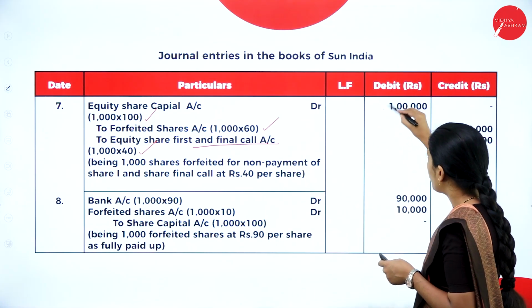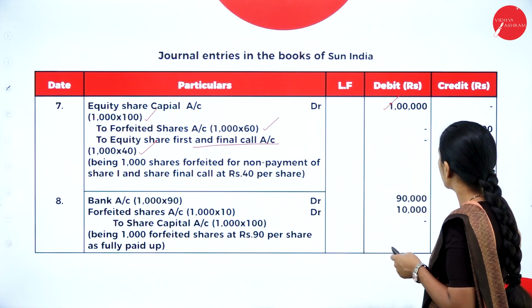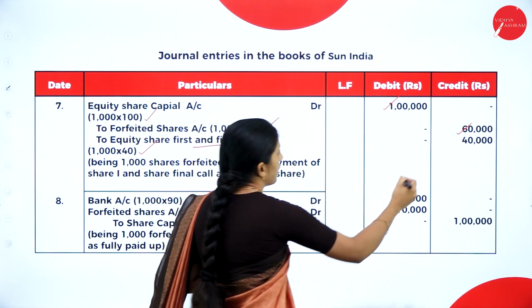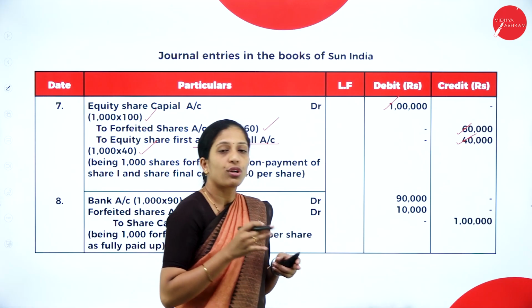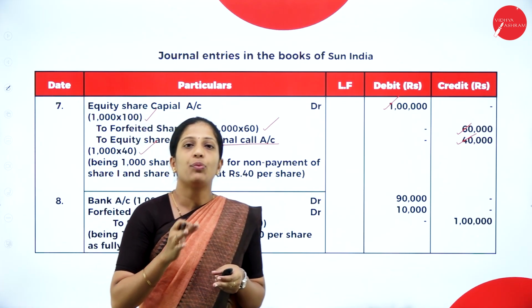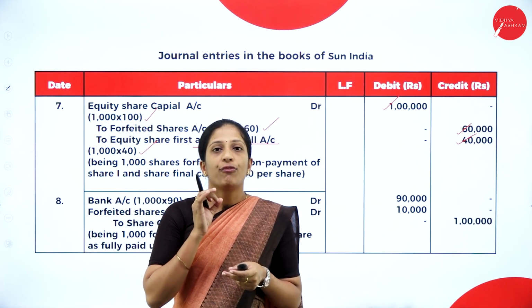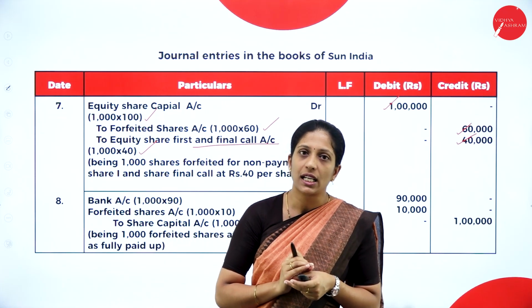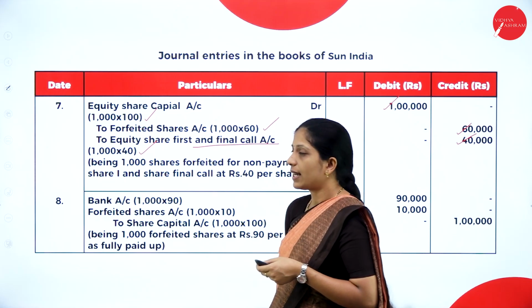So here it will be 1 lakh, and to forfeited shares account 60,000, to share first and final call account 40,000. Your narration can be: being 1,000 shares forfeited for not paying first and final call money of rupees 40 each.